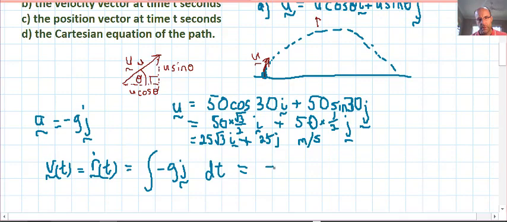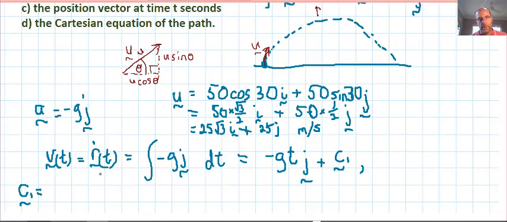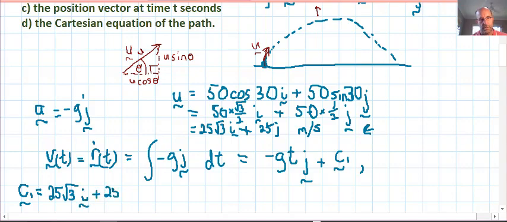So you take the integral: negative g t j plus c1 vector. We can find that the constant is in fact the same as the initial velocity if we sub in t equals 0. So through substitution of t equals 0, that is known, it's established, and we can sub that into the greater expression.